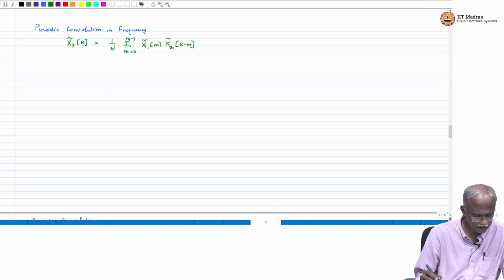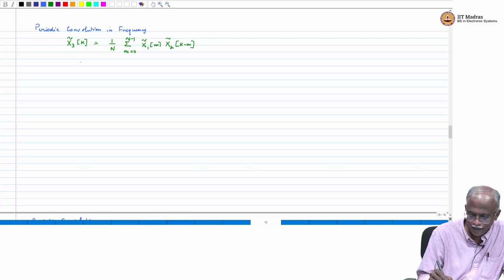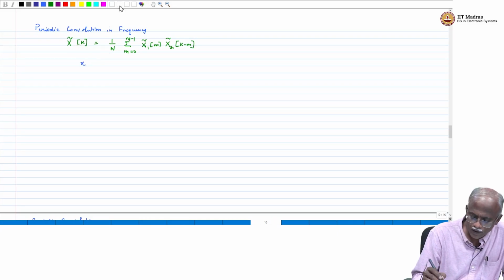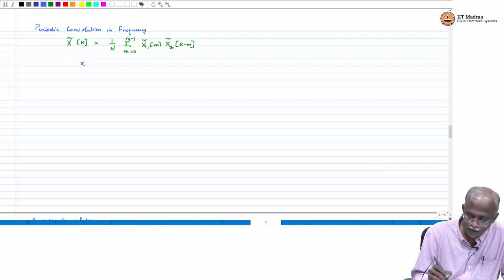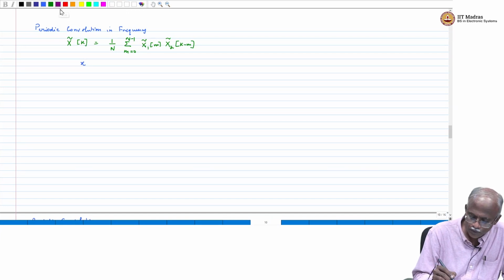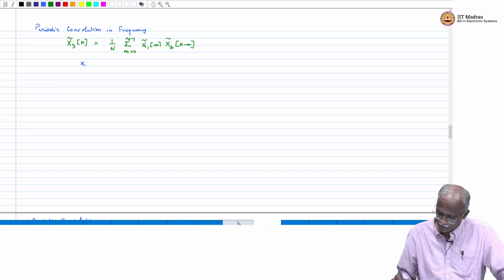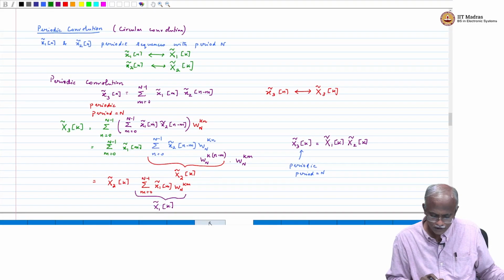Okay, so this is the definition. Now we want to find the, we need not call it x3, we can call it x2. Oh no, x1, x2 is already there. Okay, so this one will have to be x3. Will that create a confusion here?